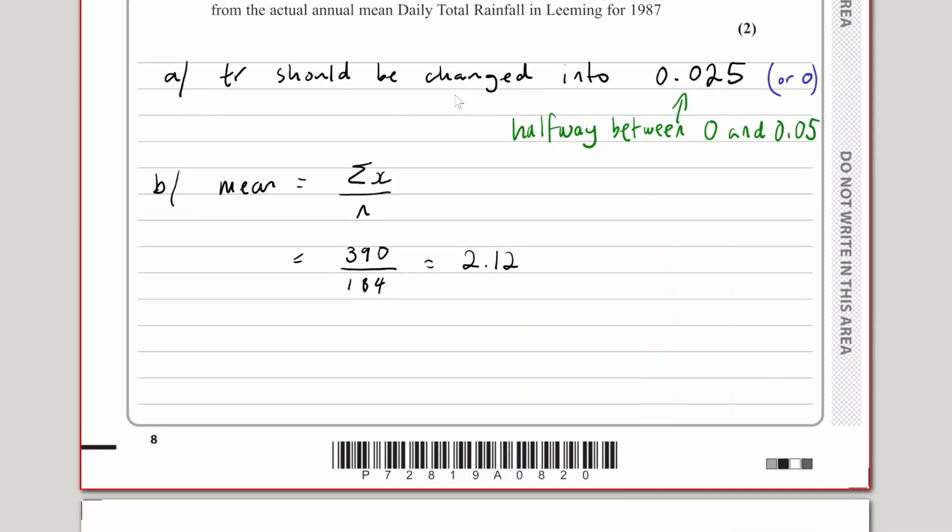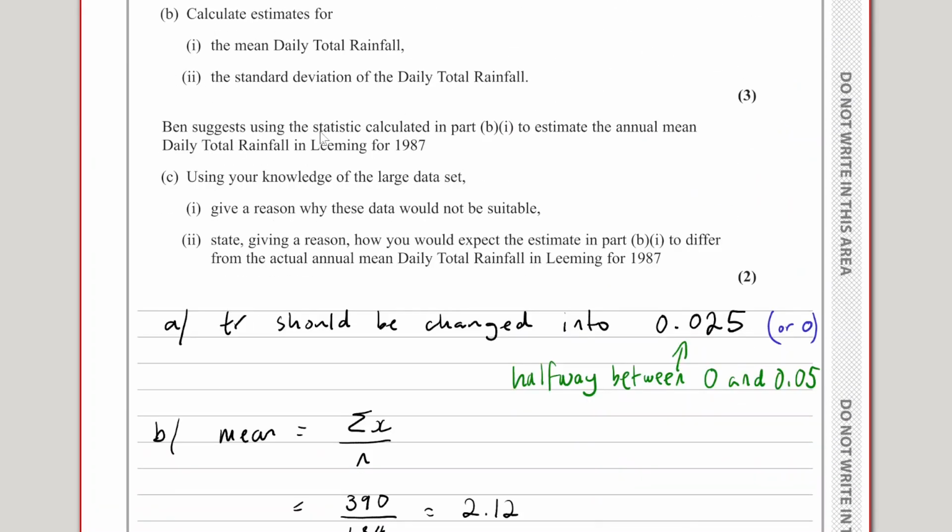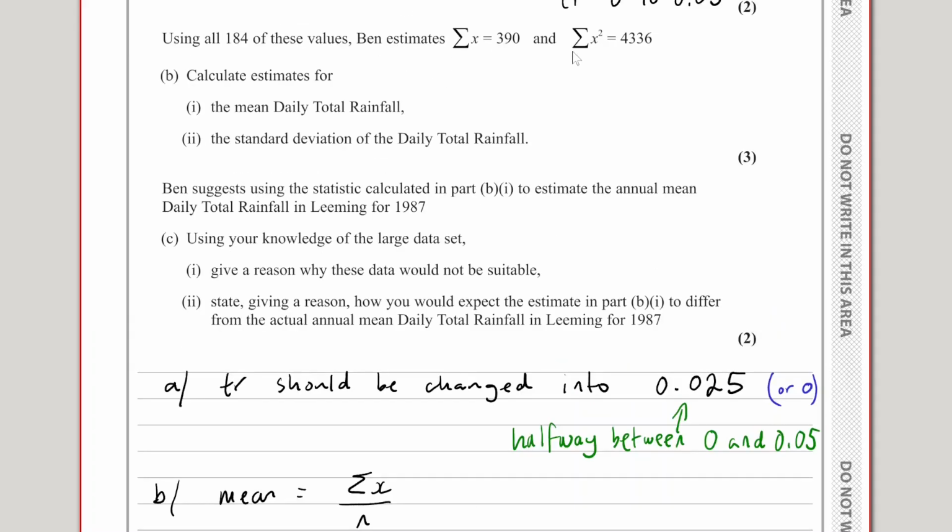And the standard deviation? We're going to have the square root of the mean of the squares minus the square of the mean.